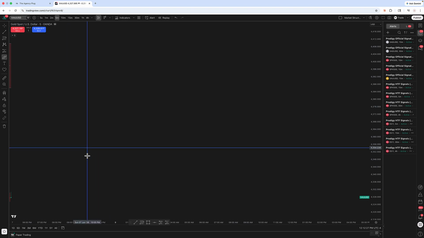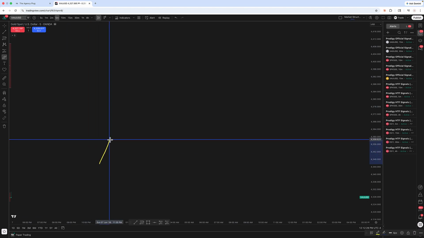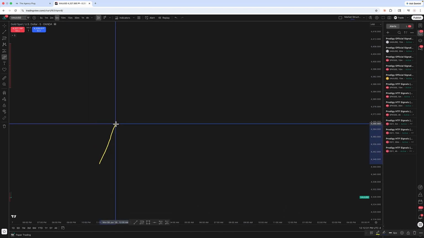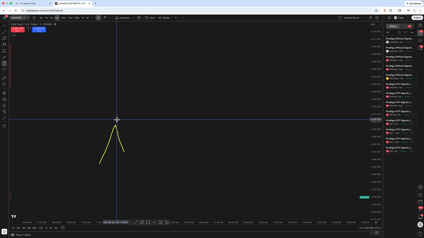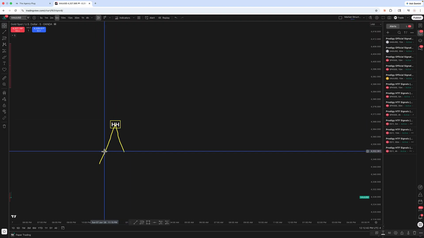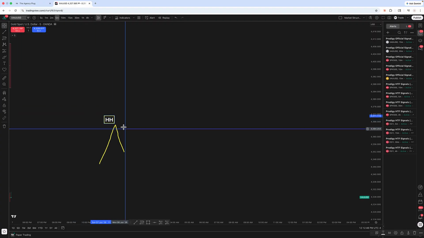The market goes up, right? It can go all the way up like this. When it comes down, it can go all the way down like this. Now, we know that this is a potential higher high, but I don't consider it a higher high until it does certain things. Number one, it has to retrace.